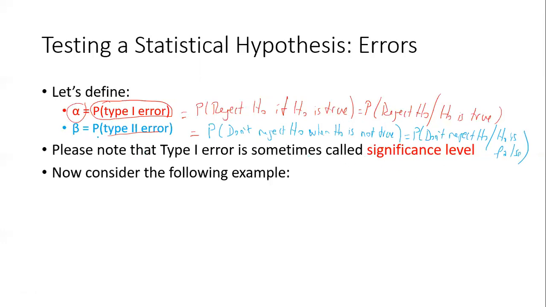Please note that this alpha is in fact the alpha that we used so far. It's also called the significance level. How it is associated with the extreme values as we used before, we will see.